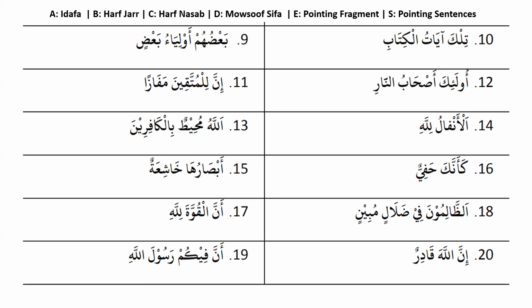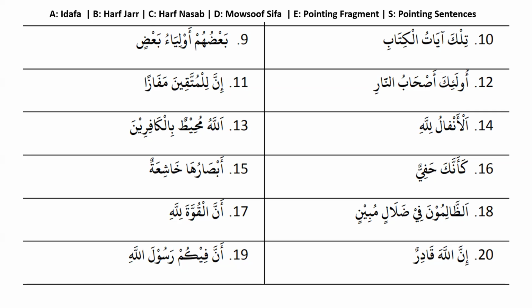Number 15, absaruha khashiyatun. What is absaruha? Absar means vision. Absaruha means her vision. Or what else could it be? Its vision, because Allah is not always talking about the feminine, right? Ha can point to non-human things.